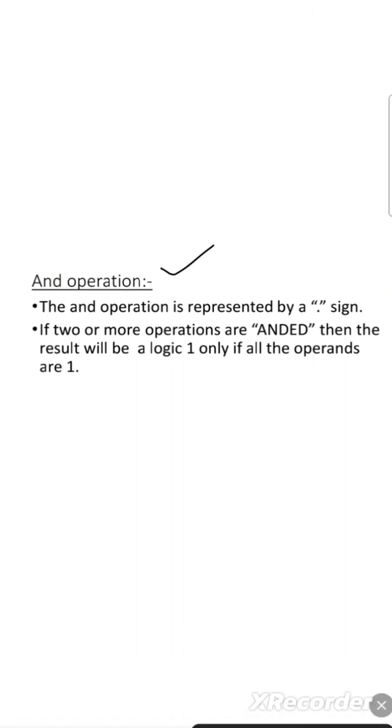AND operation. Here the AND operation is one type of operation. We use a dot sign to represent it. If two or more operands are ANDed, mostly there should be two operands, which are mandatory here.